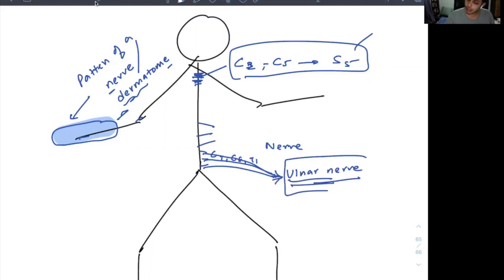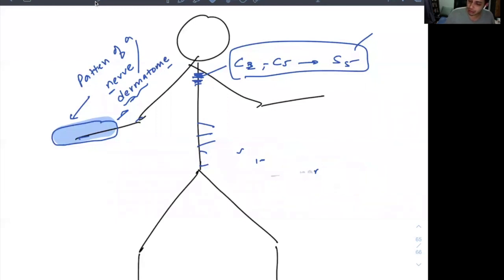So if an ulnar nerve is gone, then you will have dermatomal loss of all these three, or you may have only one of them if other nerves are overlapping with this. We won't go too much into detail about this, or we'll end up discussing dermatomes for a long time, but it's important to remember that you have to differentiate between a nerve distribution and a dermatomal distribution.